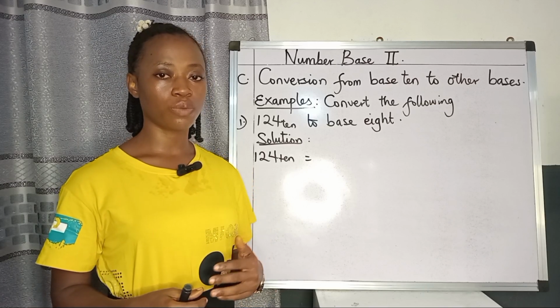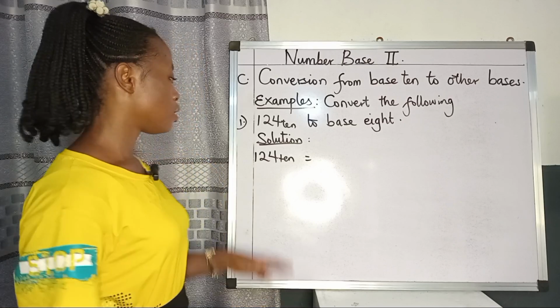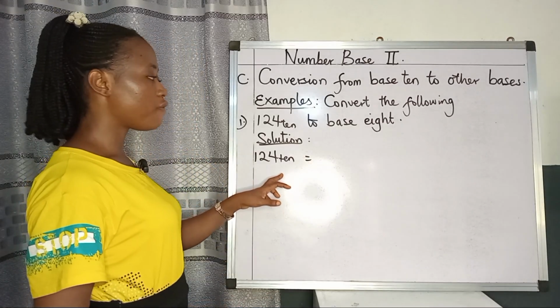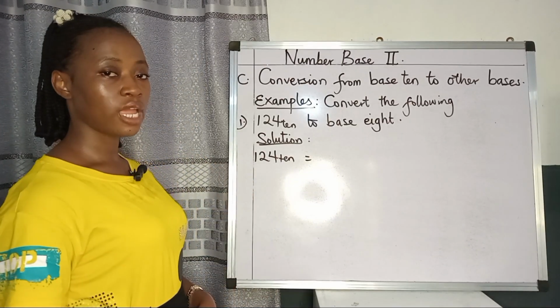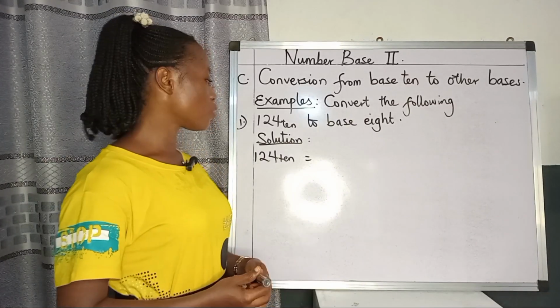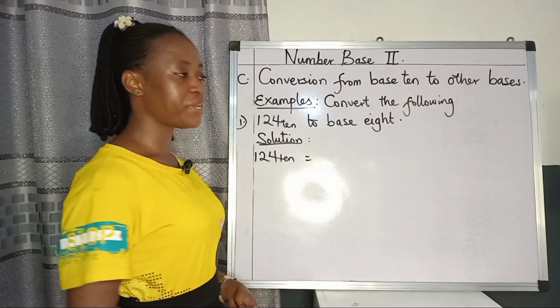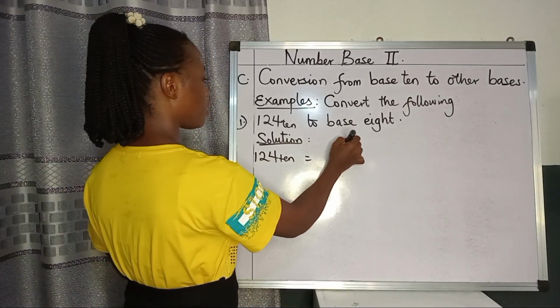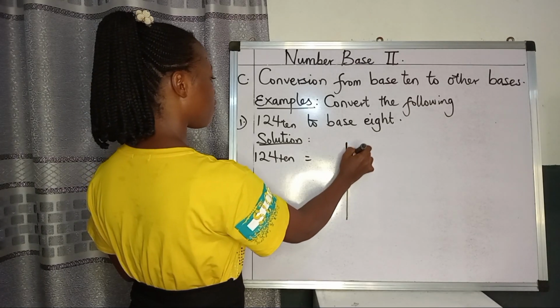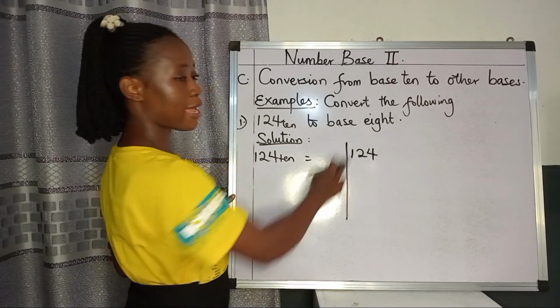So I'm converting 124 base 10 to a number in base 8. Like I said, we continuously divide the given number using the required base.